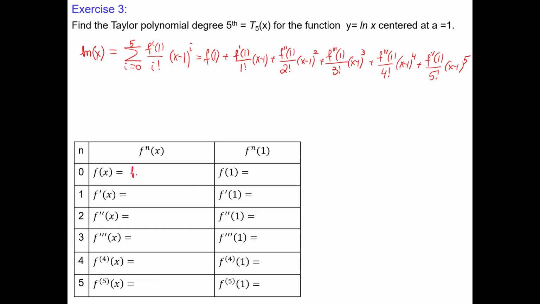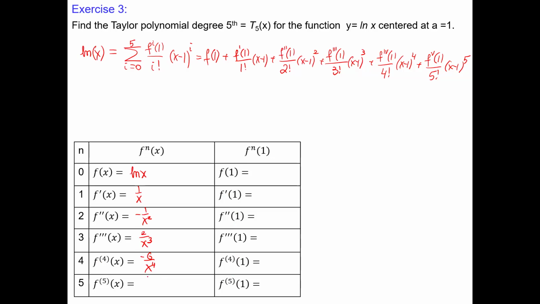The function is natural log of x. The first derivative is 1 over x. The second derivative is negative 1 over x squared. The third derivative is positive 2 over x cubed. The fourth derivative is negative 6 over x to the power of 4.